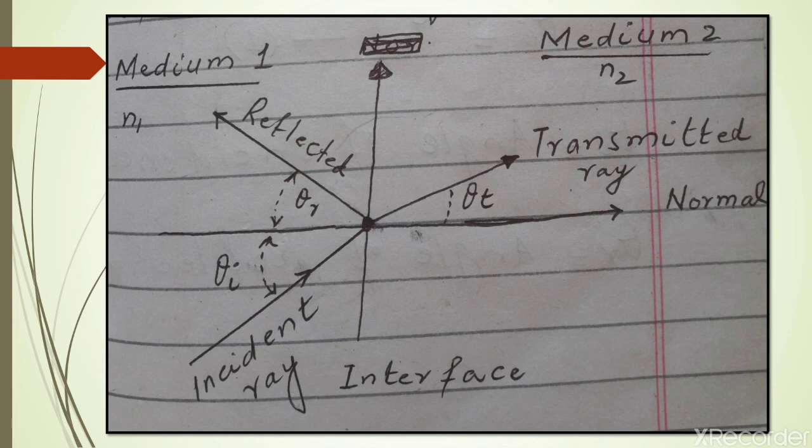If we look at the incident ray, it makes an angle of theta I with respect to this normal, and a fraction of the energy of this incident ray is reflected back to the same medium, that is medium number 1, which is known as reflected ray. The angle of the reflected ray with respect to the normal is represented by theta r.